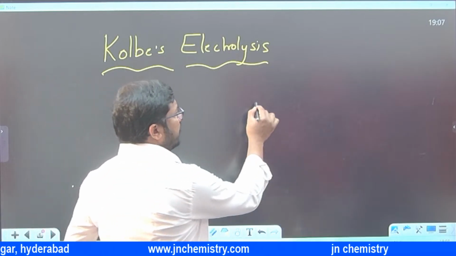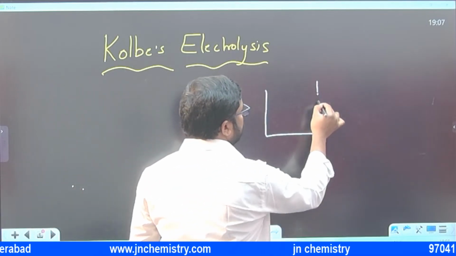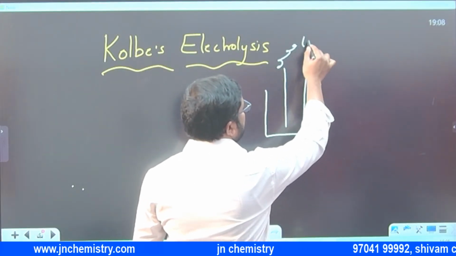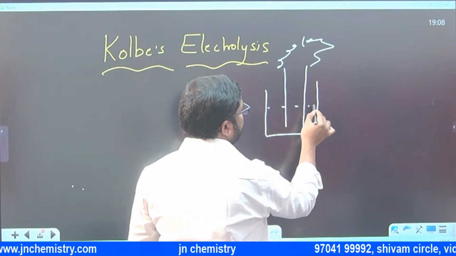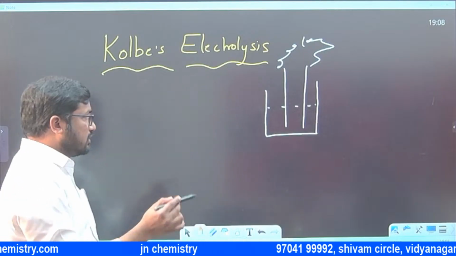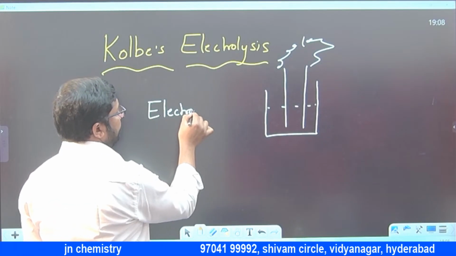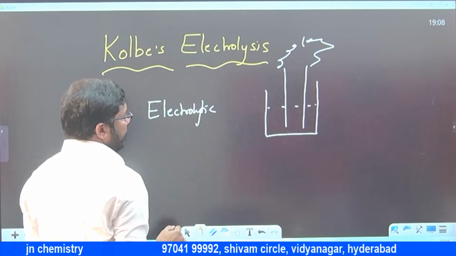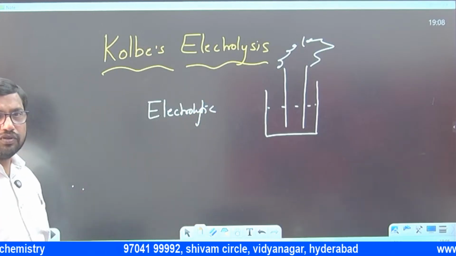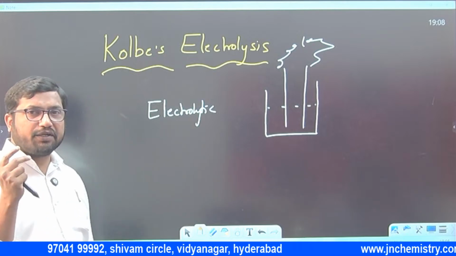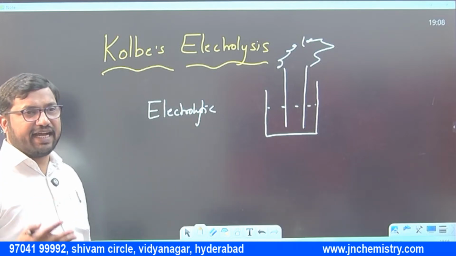Try to understand: in an electrolytic cell, anode and cathode are there.